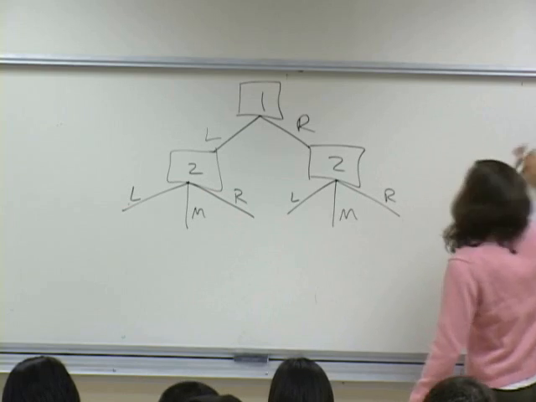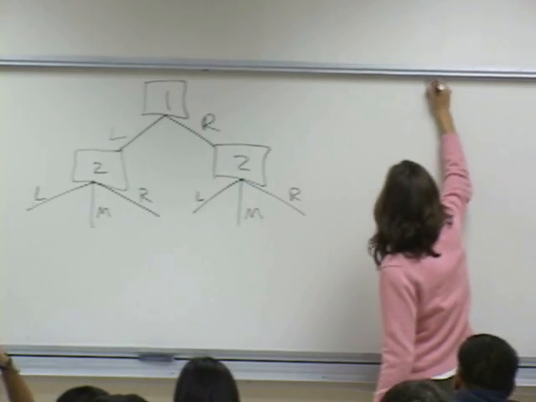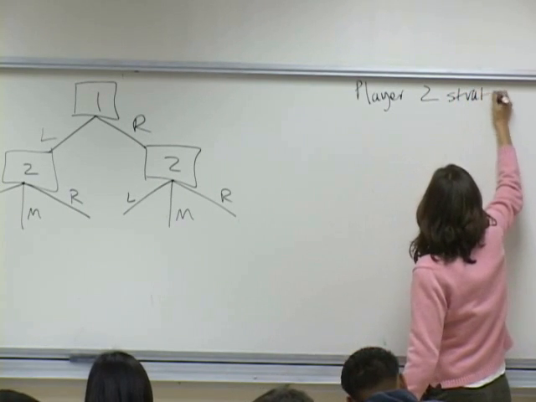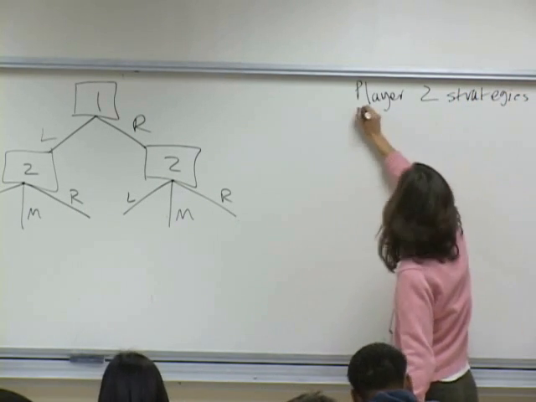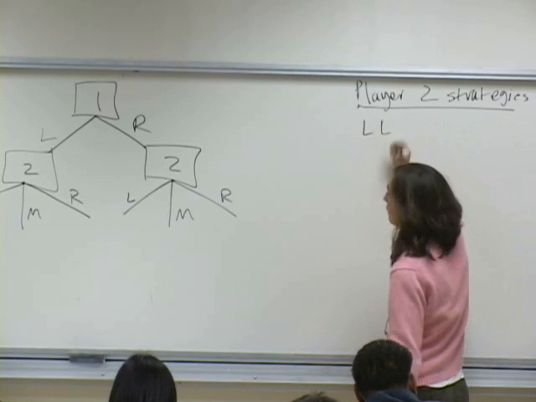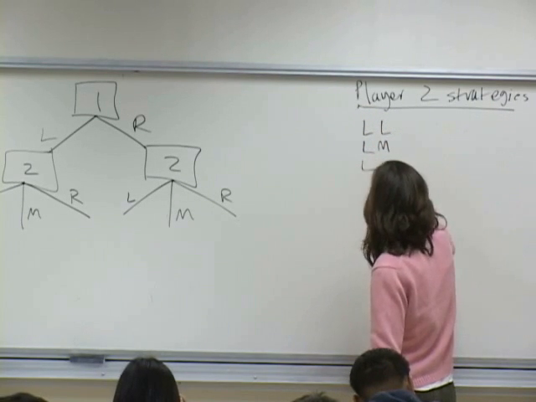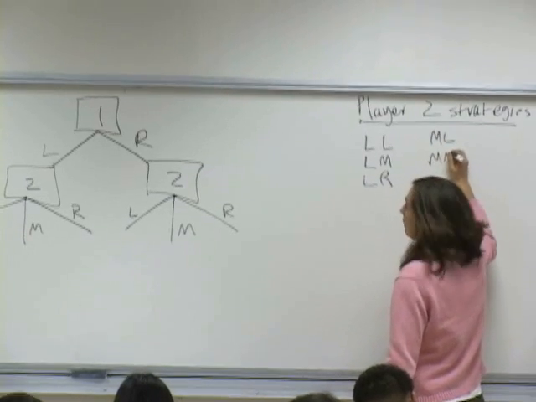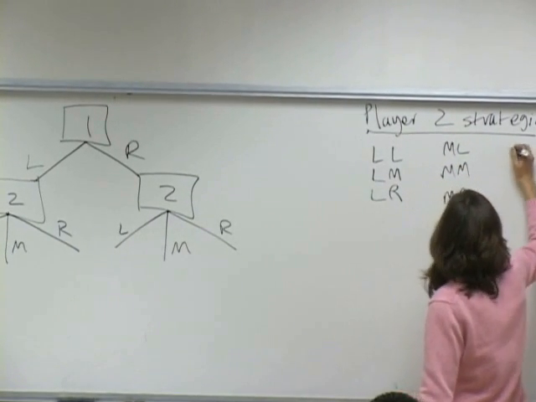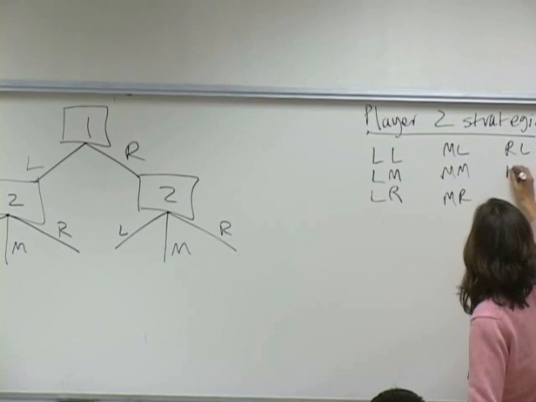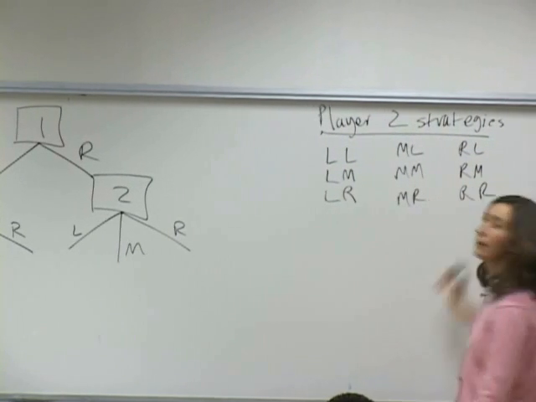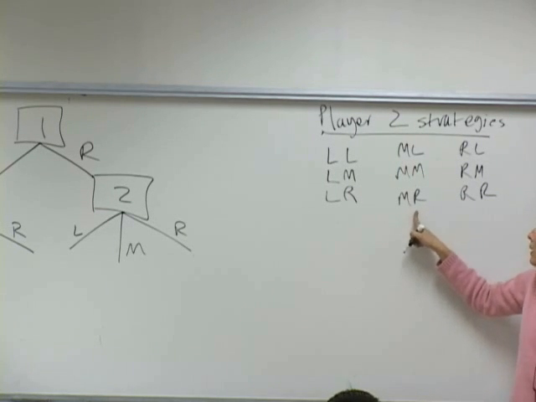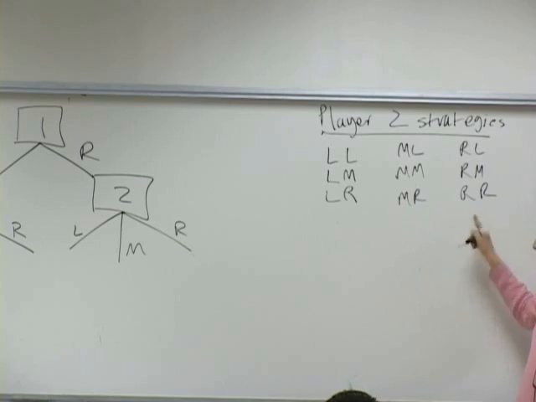So it actually doesn't take that long to list player 2's full set of strategies here. I can do left, left. I can do left, middle. I can do left, right. I can do middle left, middle middle, middle right. I can do right left. I can do right middle. I can do right right, all 9 of them. And you see they do have 2 components. So this is the full set of strategies.